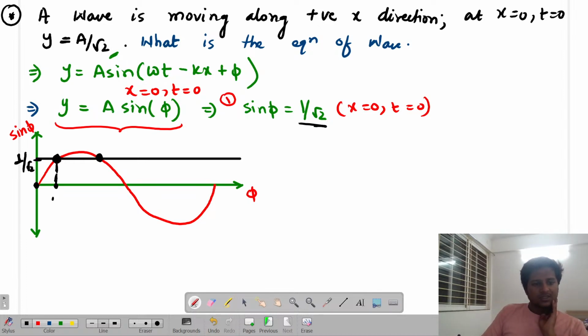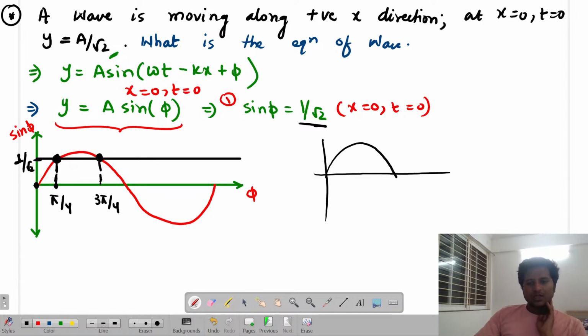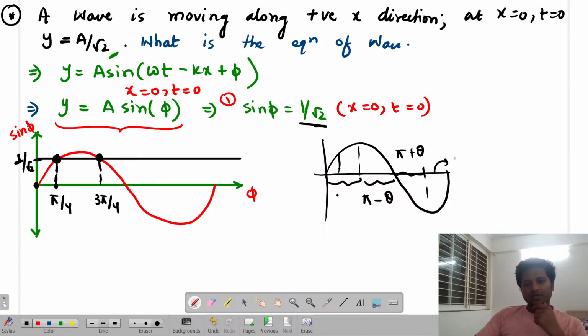Now this is at pi by 4, while this is at 3 pi by 4, isn't it? है ना? तो ध्यान से देखते हैं हाउ टू राइट इट। आई टेल यू वंस अगेन कैसे लिखते हैं बेटा, कि मान लो अगर ये ग्राफ है ना, तो जो पाई बाई 2 के पहले वाला रीजन है, यहाँ से यहाँ तक का रीजन है, it is whatever angle is there, ठीक, but the region from here to here it is written as pi minus theta, from here to here it is pi plus theta, and from here to here it is 2 pi minus theta, where theta is the value of phi which you are getting for 1 by root 2. Got it or not?